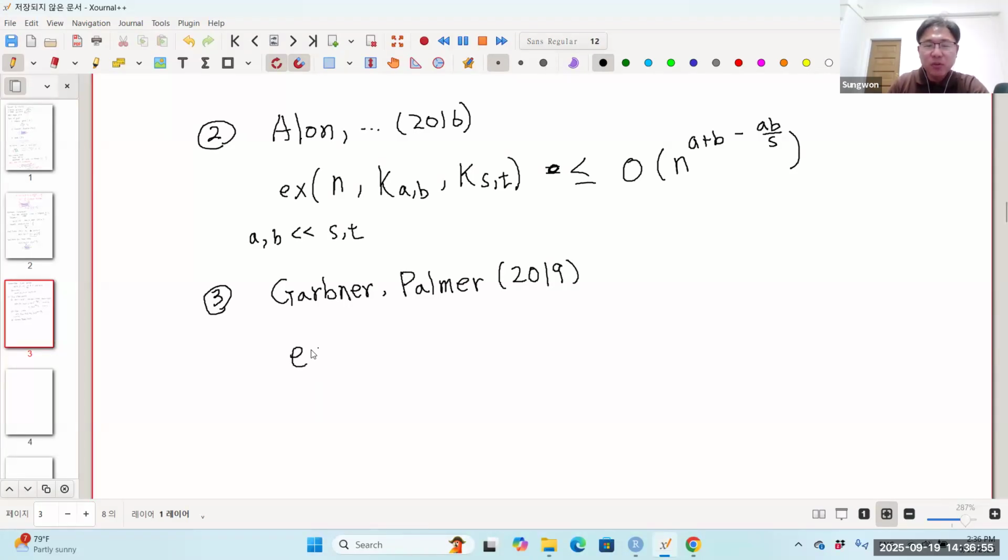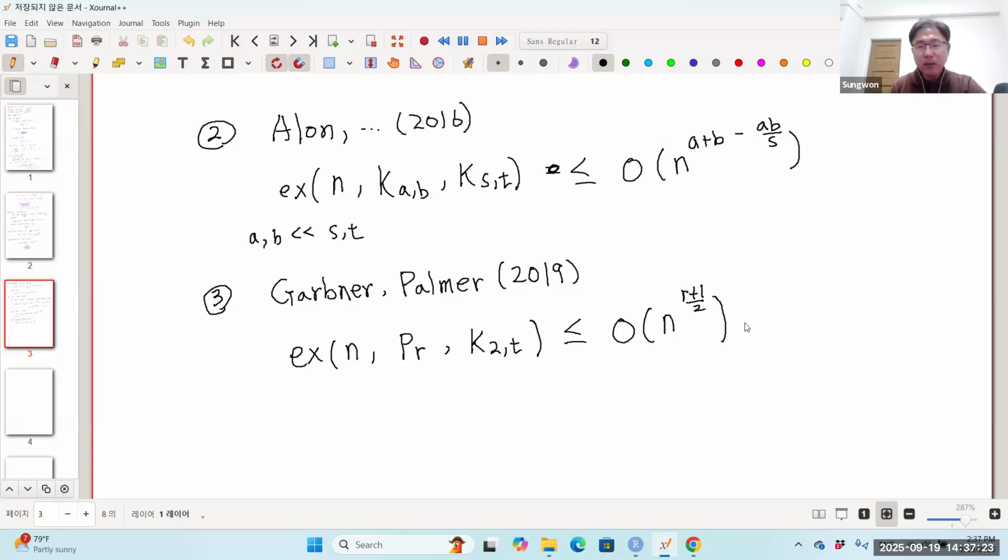So they found the extremal number of paths P_R, with R vertices, when K_2,T is forbidden. So it's not the generalized one. It's not K_S,T. It's K_2,T. And it's less than or equal to order of N to the (R plus 1) over 2.